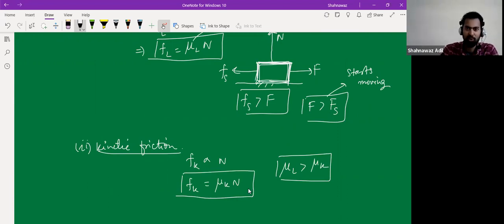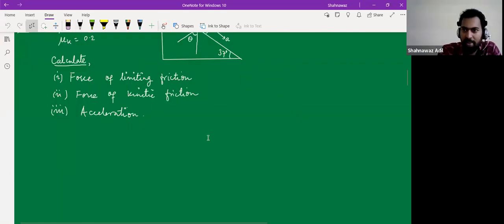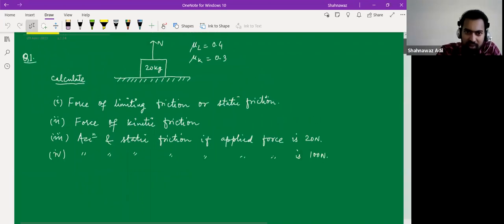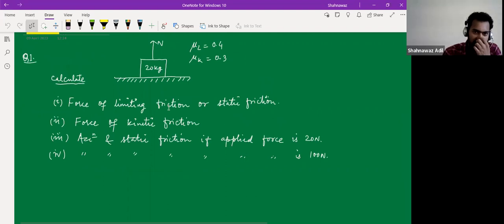So this was about the friction, and let's do some questions based on this friction. Okay. So the first one is a basic simple question, right? We have to calculate the force of limiting friction or static friction.